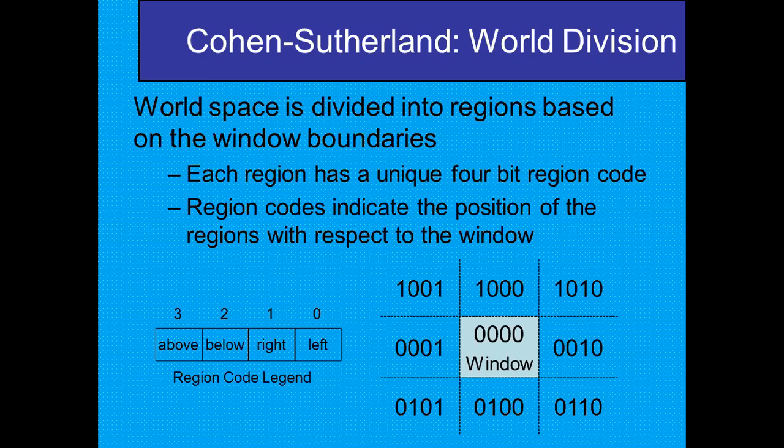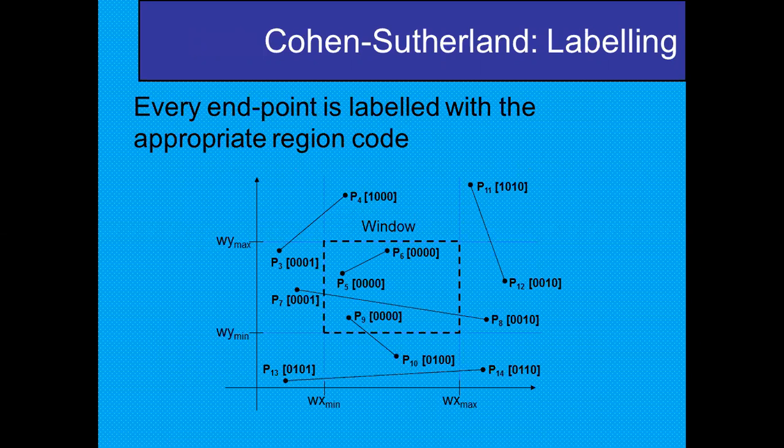Any condition may arise if we are considering various problems over line clipping. Now here you can see every endpoint is labeled with the appropriate region code.